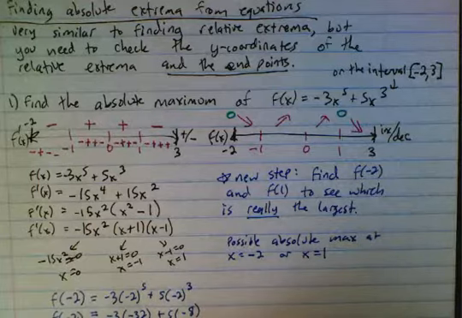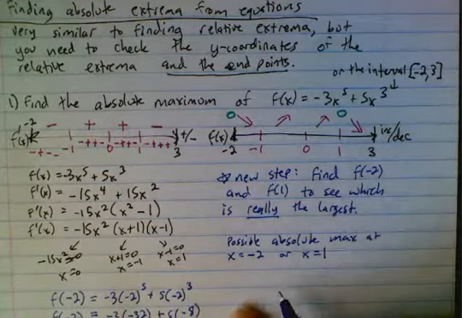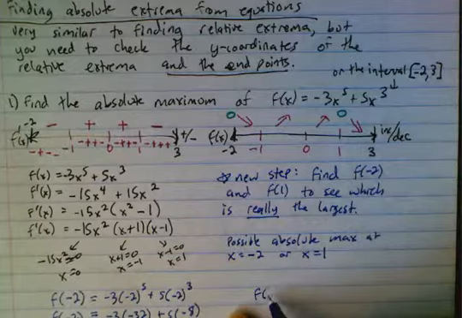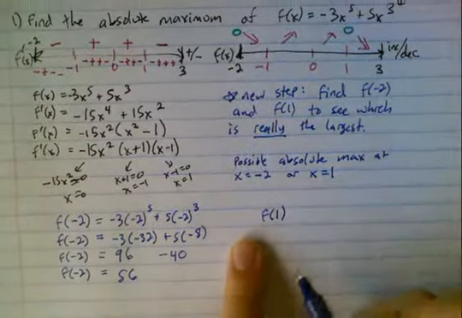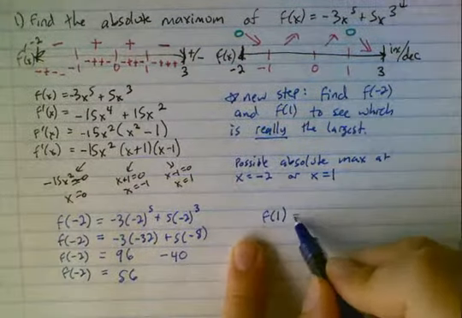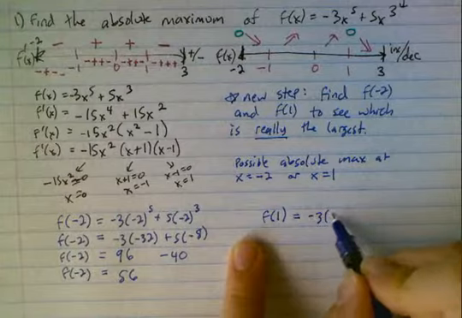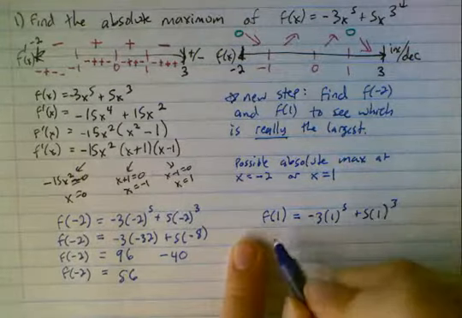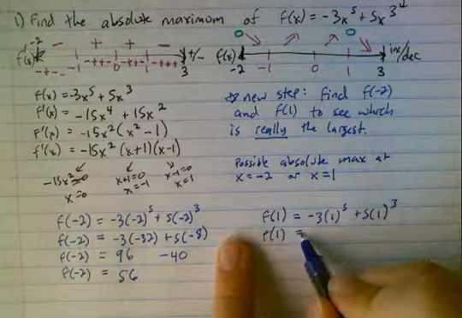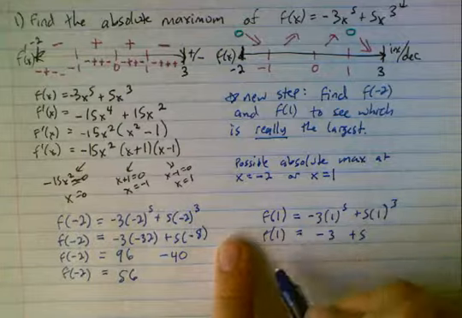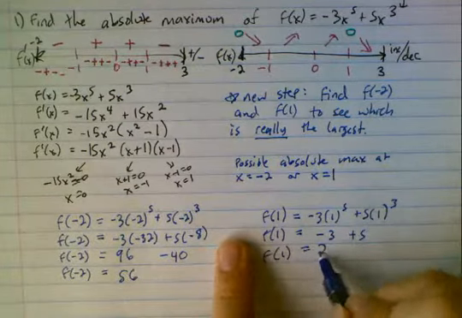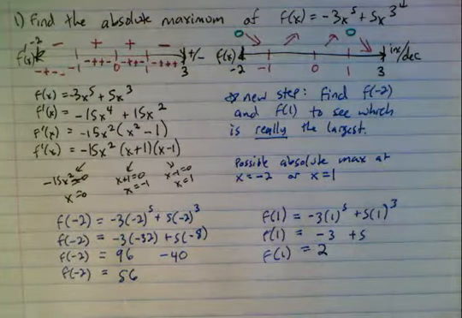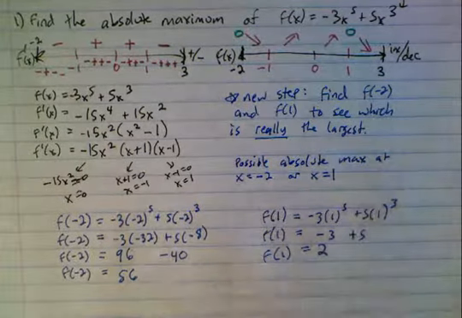It's 56. Compared to f of 1, which is negative 3 times 1 to the 5th plus 5 times 1 cubed. So clearly this is larger.